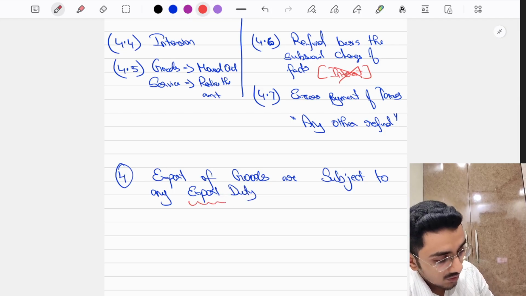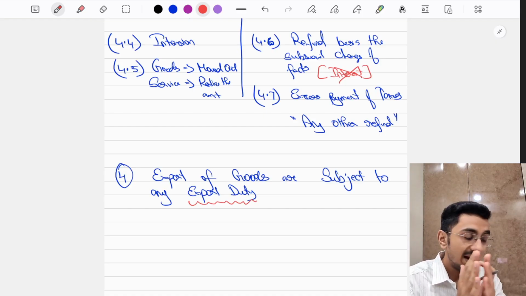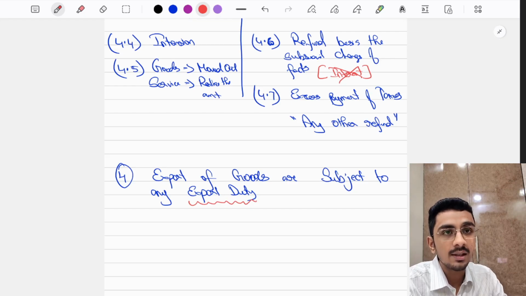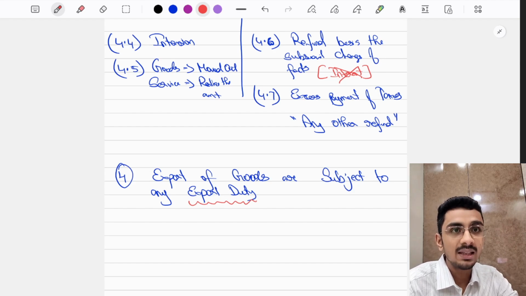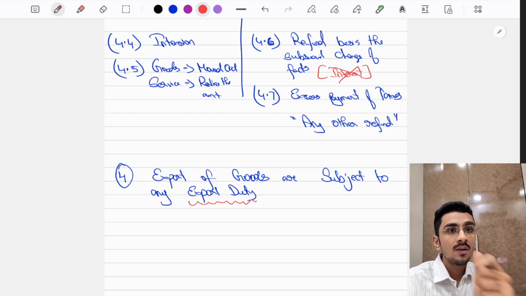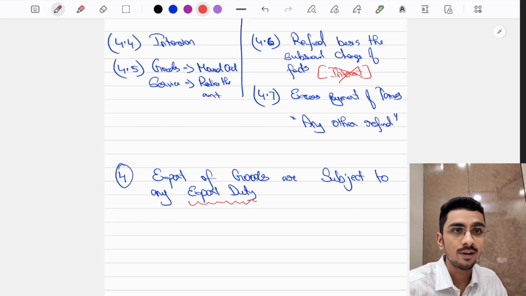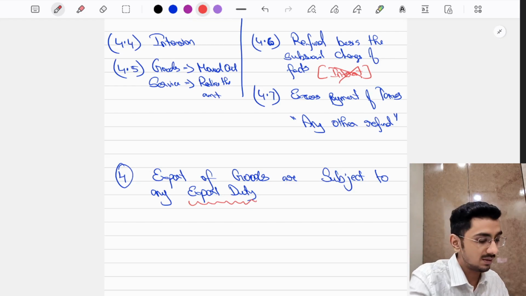Basically, the only thing you have to remember is that for export of goods, usually you have to go through the customs procedure, and if whatever goods you are exporting fall under a customs list or notification, in that case you have to pay export duty. Once you pay export duty, you will not be entitled to a refund, with payment of GST or without payment of GST.